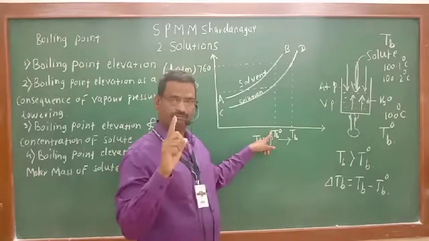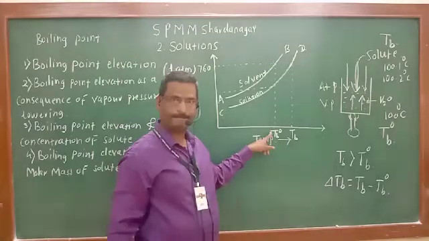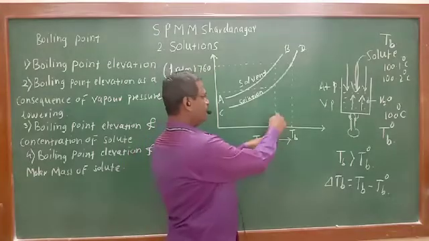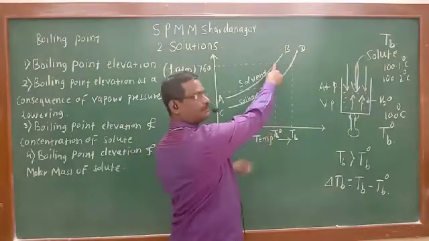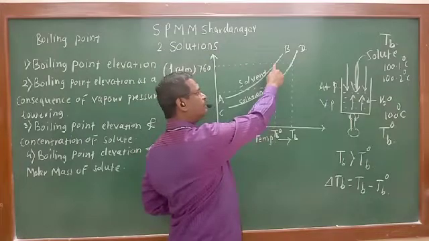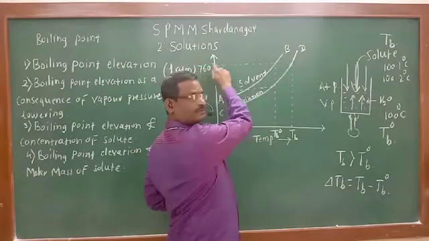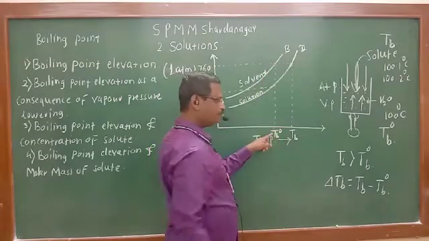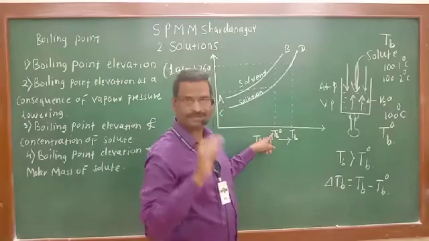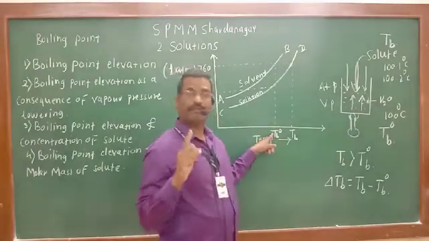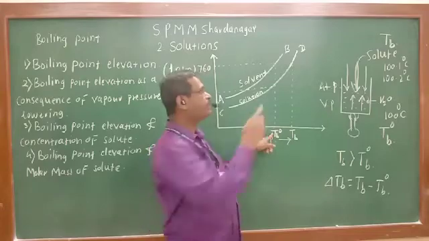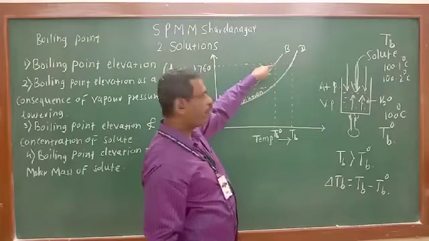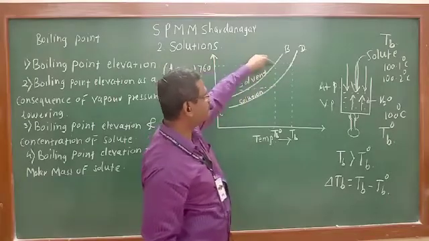We have determined over here the boiling point of the solvent, because at this point the vapor pressure of the solvent and the external atmospheric pressure, 1 atmosphere, are the same, and at that time the temperature is known as the boiling point of the solvent. That is the definition. By definition, boiling point is the temperature at which the vapor pressure of the liquid is equal to the external pressure.